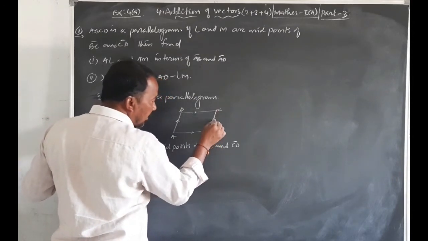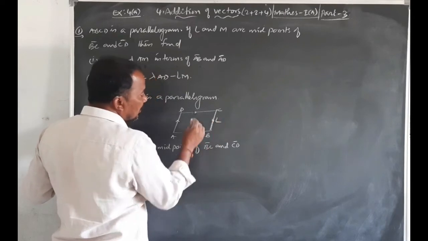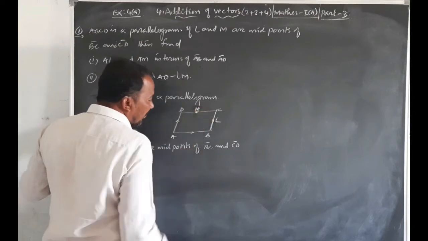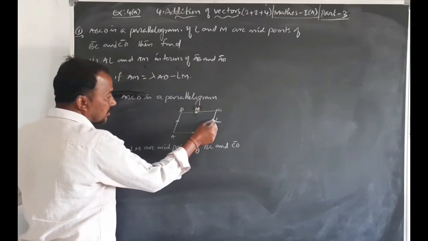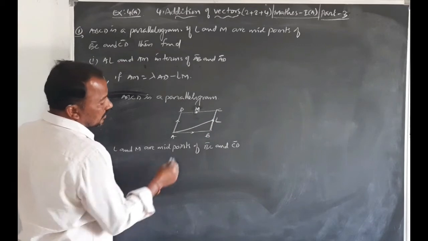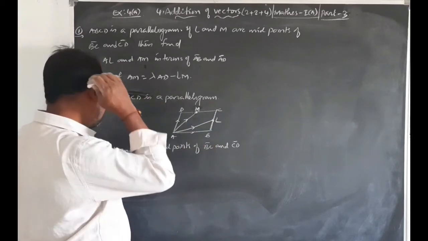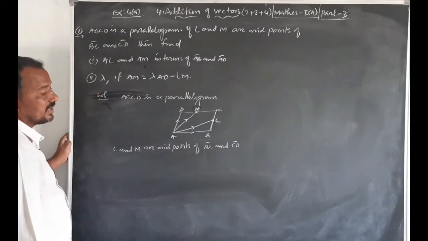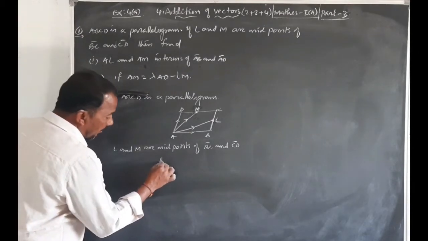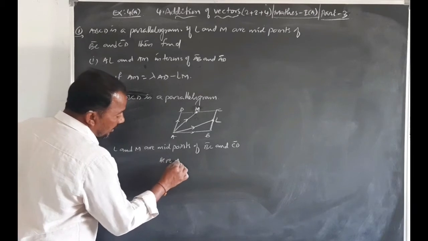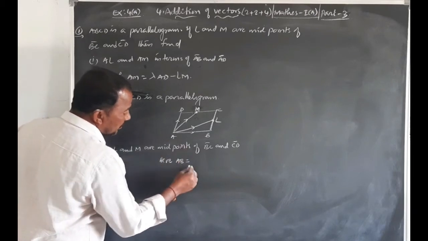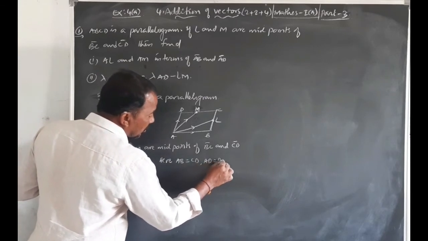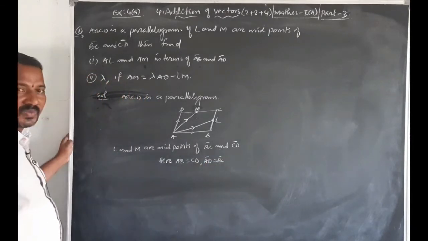BC midpoint is L, DC midpoint is M. Here AB is equal to CD and AD equals BC.